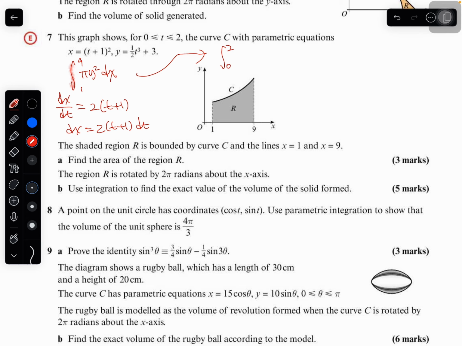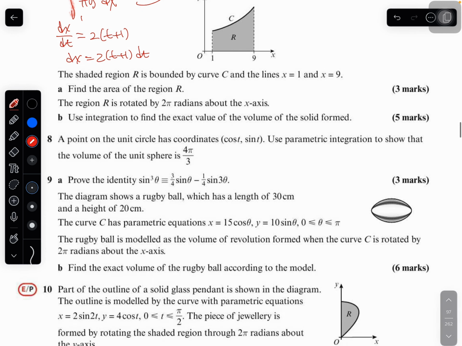So the integral from 0 to 2 of pi y squared times (2t plus 1) dt. You can expand it and integrate it.